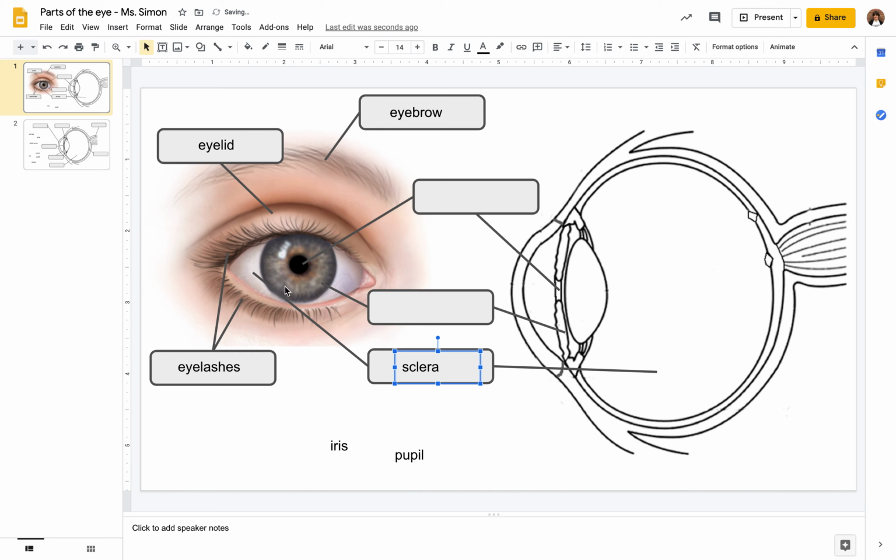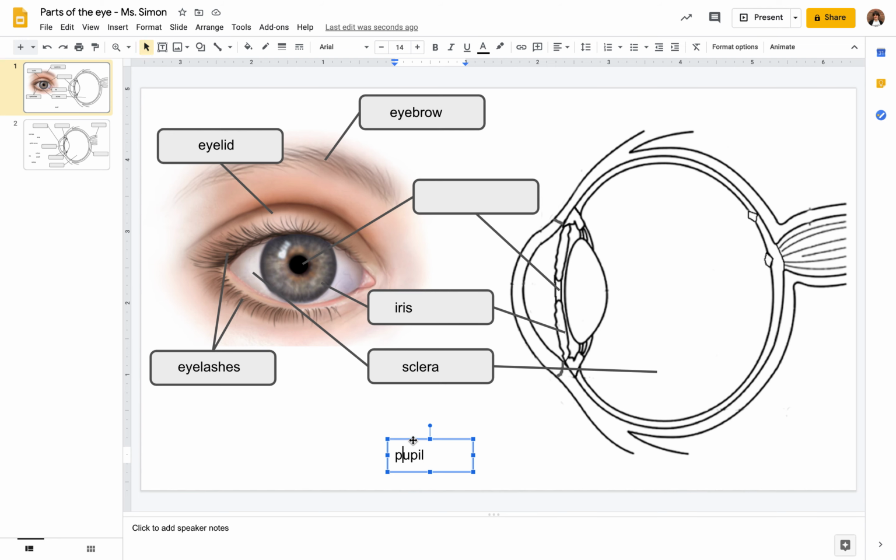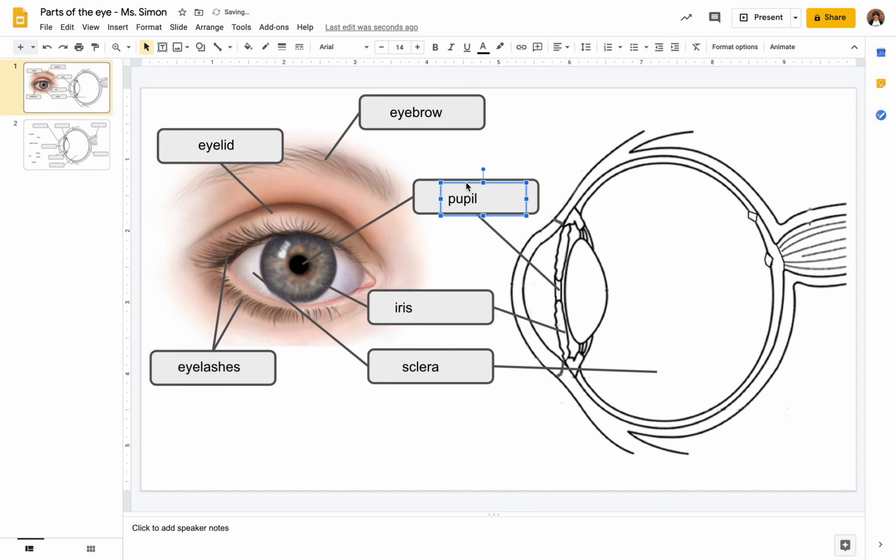The colored part around the eye that gives people different colored eyes, that is called the iris. And on this diagram here, you can see that the iris is kind of this skinny section here and here on either side of this space in the middle, and that black space in the middle, or the space that looks black in the middle, it's actually clear, is the pupil.